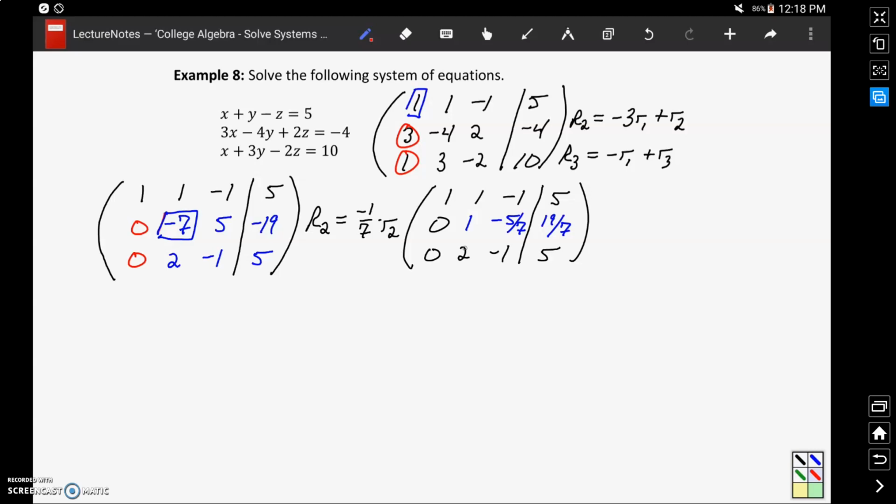Once we have that step taken care of, we can look at zeroing out all values below that 1 we just created. In order to do that, we'll update row 3 by taking -2 times our values in row 2 and adding those results to our values in row 3.